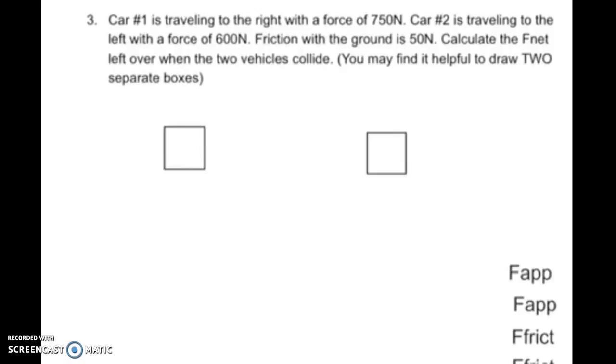I'm going to start with car number 1. Car number 1 is traveling to the right with a force of 750 newtons. I'll label that 750, and that is applied force. Car number 2 is traveling to the left with a force of 600 newtons.